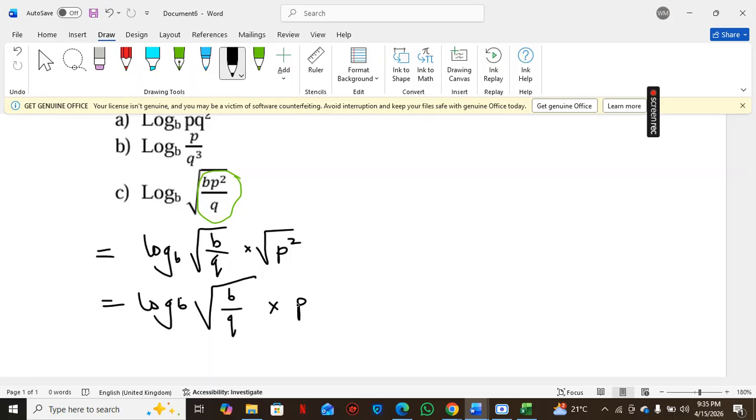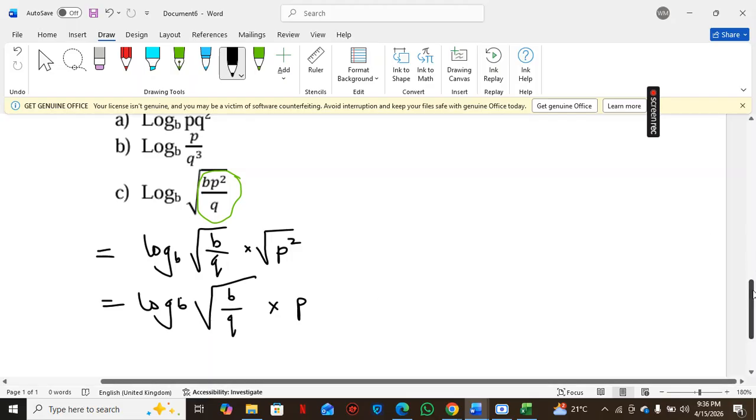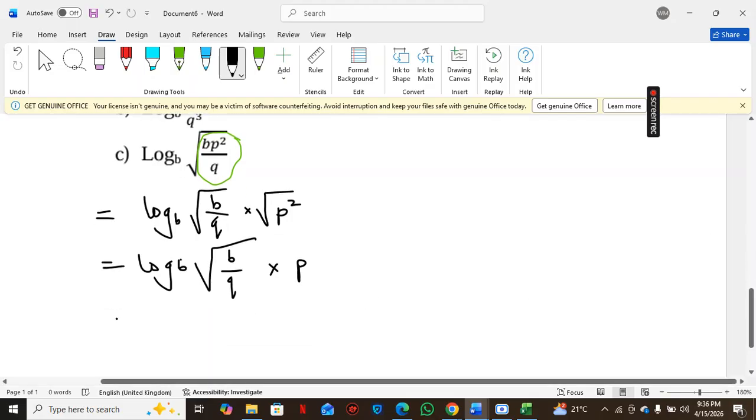Now we can start applying the laws of logarithms. We start with the product rule, since we're multiplying the root of b over q times p.